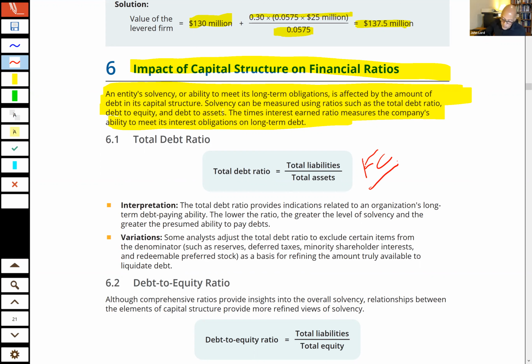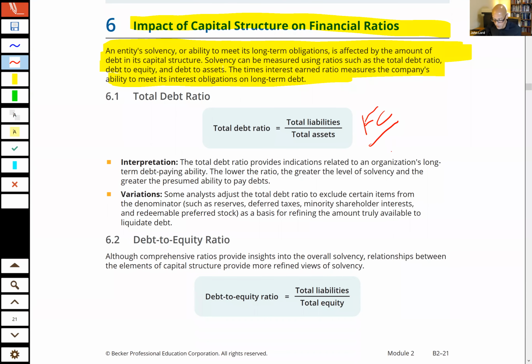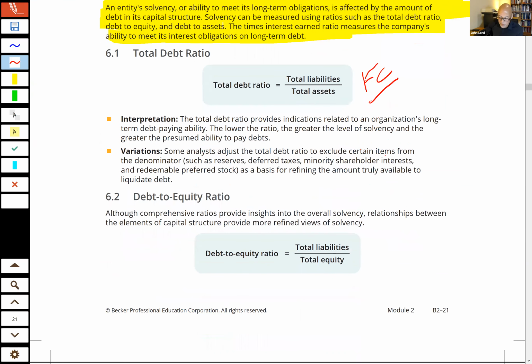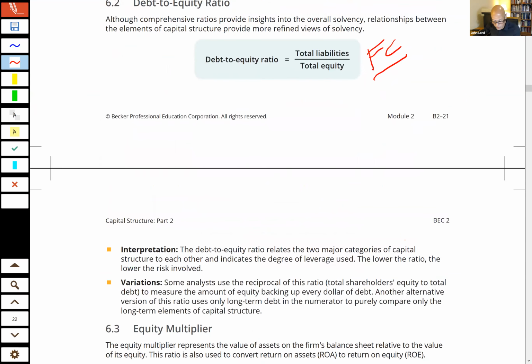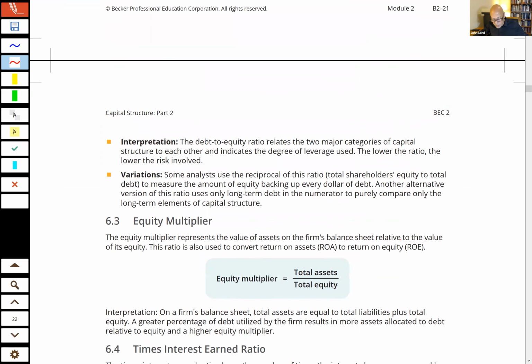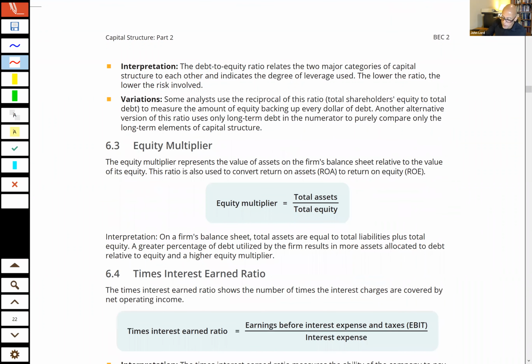The debt to total assets ratio is our total liabilities divided by our total assets. The debt to equity ratio is total liabilities divided by our total equity. And then we have something called the equity multiplier, which is the ratio of total assets to total equity.